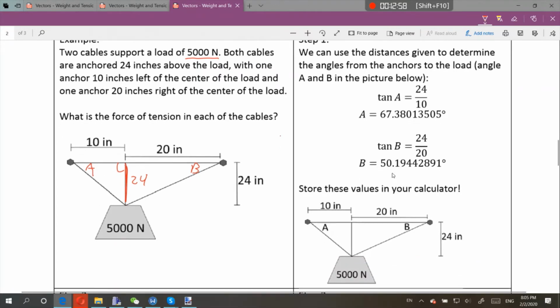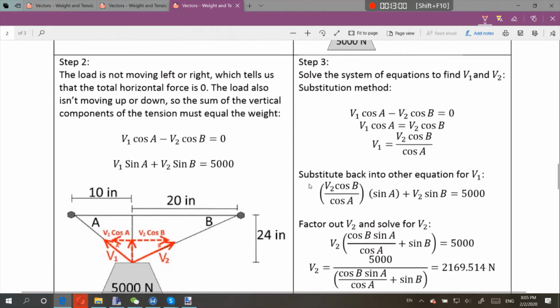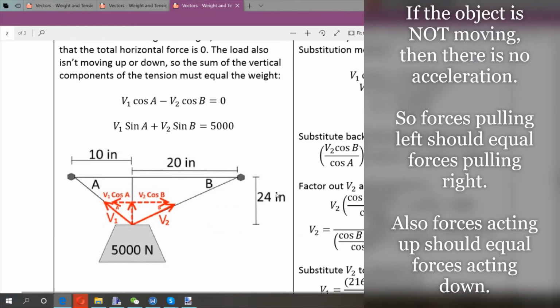Okay, so with those angles, we can start to set up a system of equations. Because our load is stationary, all of the forces acting on the load horizontally should balance, and all of the forces acting on the load vertically should balance. So vertically, I've got 2 forces that are pulling up.